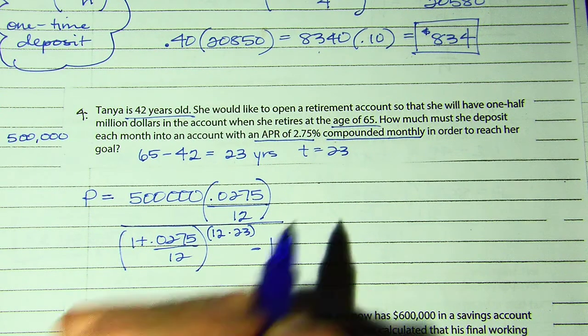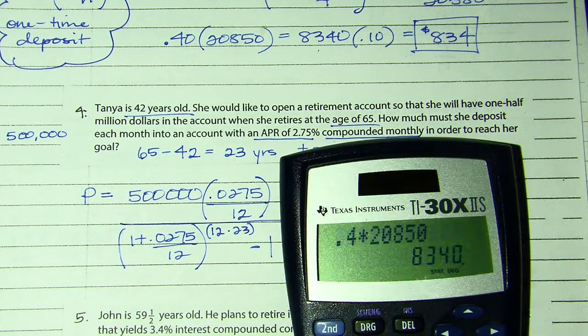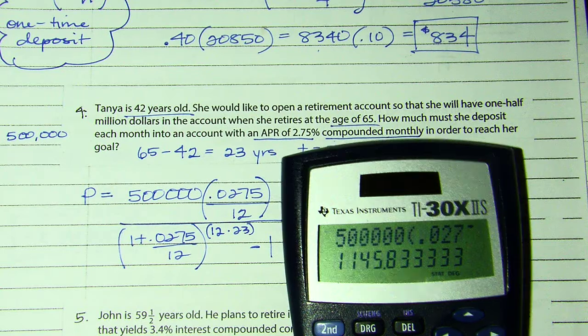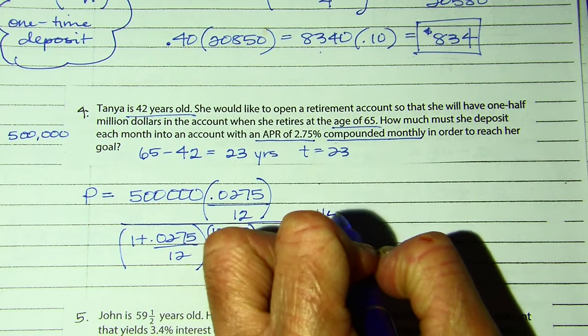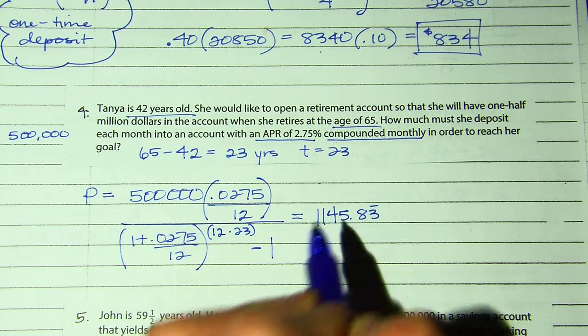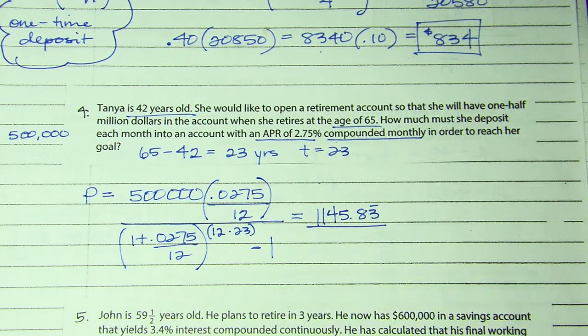All right, so I'm going to enter the top first. So $500,000, parentheses, our rate divided by 12, and I get 11.45 and 83 cents, and that 83 cents is repeating. Now I'm going to enter the bottom.